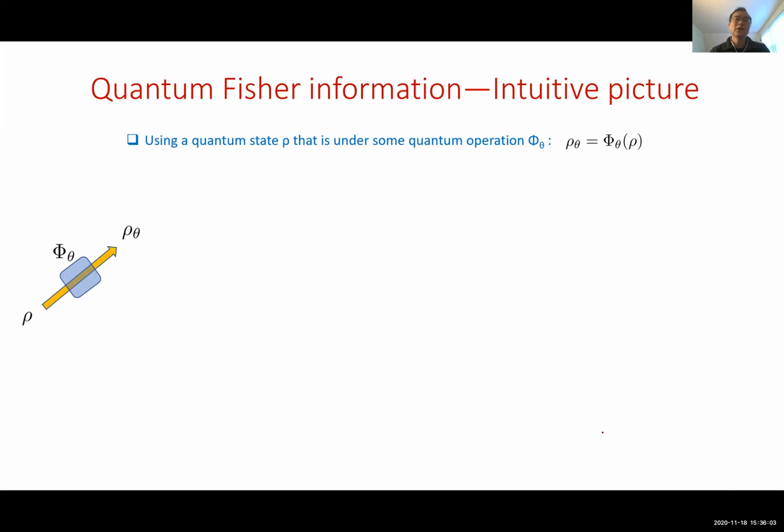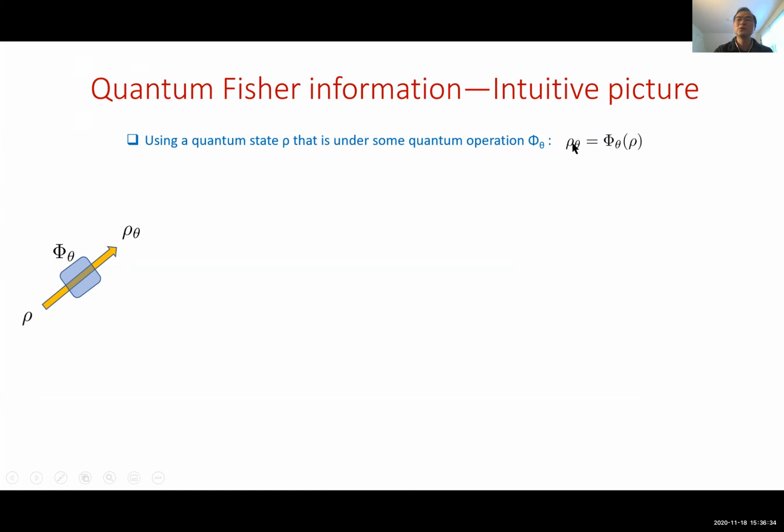So of course, the next natural thing to do is to extend it to the quantum case. In our quantum case, I'm not going to do a full derivation. That's just to give intuition to expect what we should have in the quantum case. We're assuming we're only evaluating one parameter, and we have some quantum state that goes through some quantum channel or quantum operation.